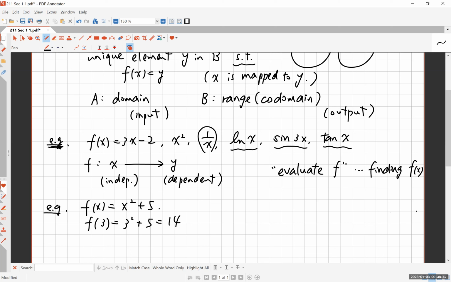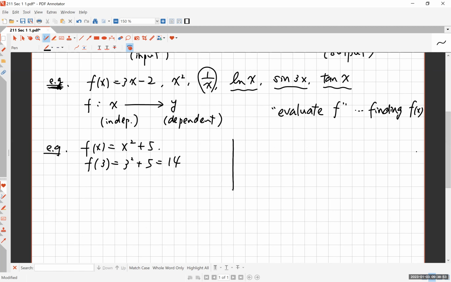Now, let's talk about what a graph is. Now, if I ask you to graph this function, I think you can do that. For instance, let's graph this particular function, right? Evaluate this at 3. This is what you did. Graph it. Well, when you graph these things, we have to first figure out f of 0 is equal to 5.